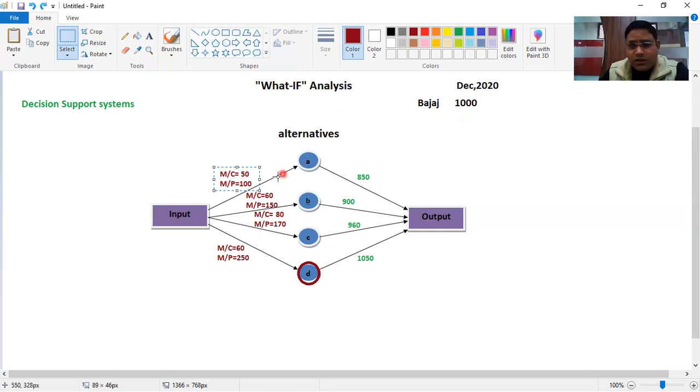In this case we had only four alternatives, but in a real scenario there will not be only four alternatives. There can be hundreds or thousands of alternatives, and you have to check each and every one. So you cannot do this manually. We can do it manually, but it will not be feasible.